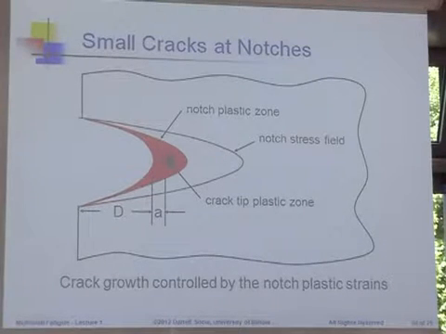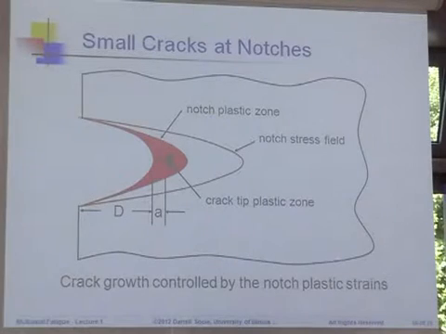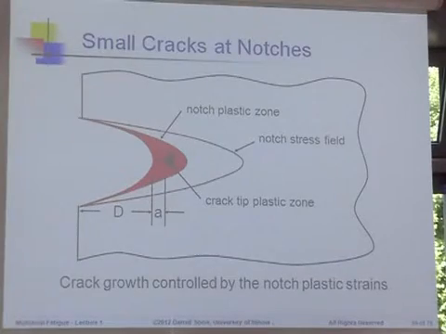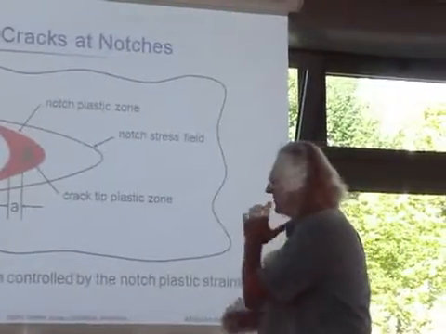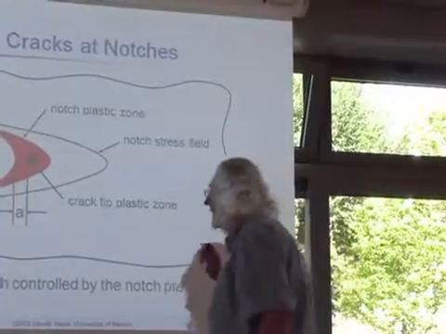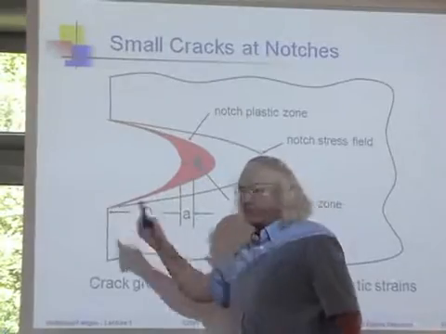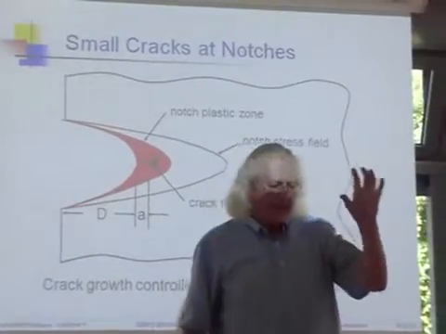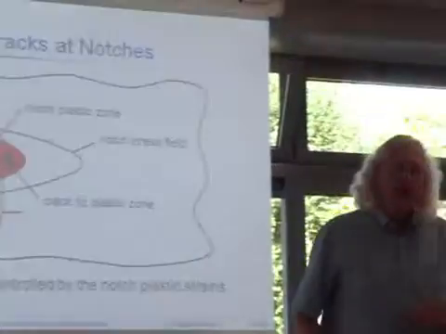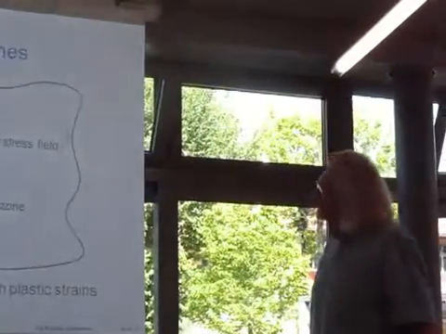Now I want to talk a little bit about what happens in structures. And to do that, I want to give you some idea about the size scale. So think about this as a plate, and this plate has a cutout in it, so it will be of this shape. I put a notch in the edge of this plate, just to get some idea of size.